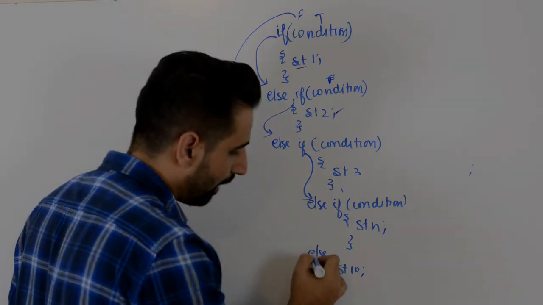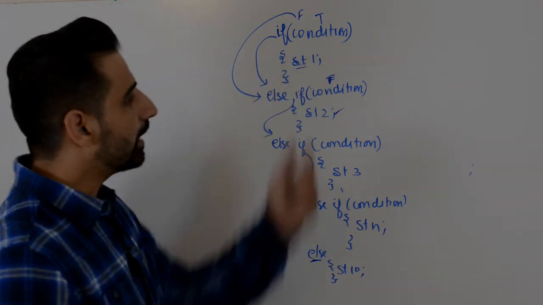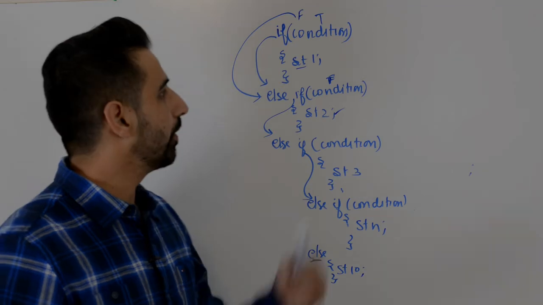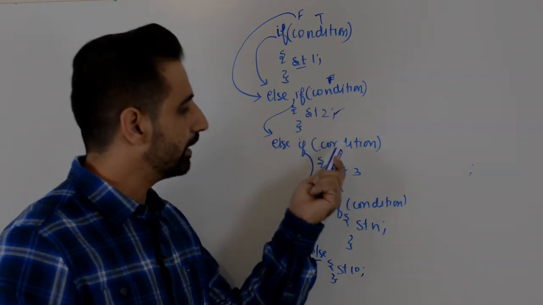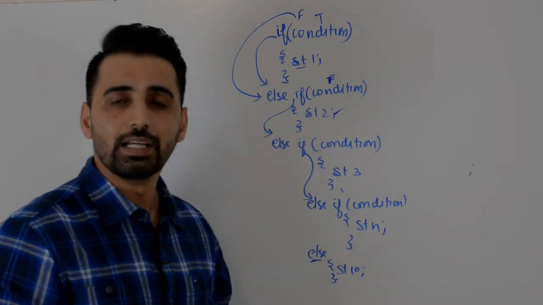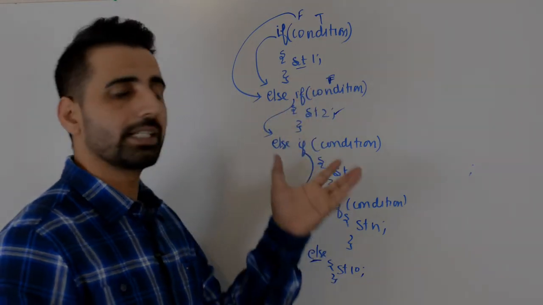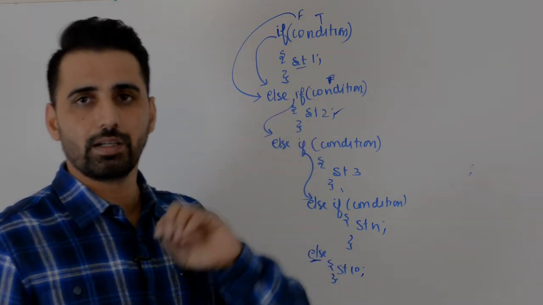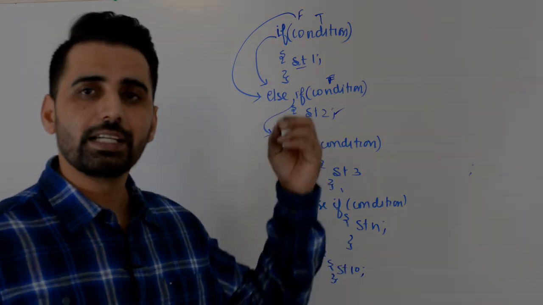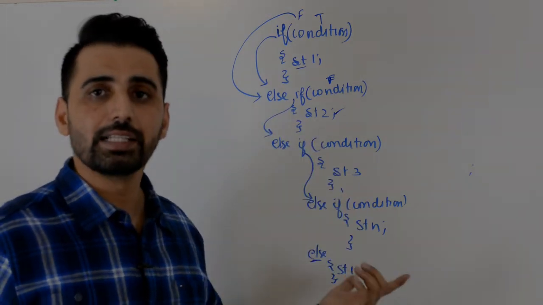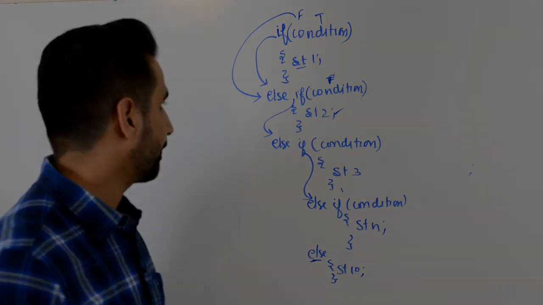And last we have this else. If none of the conditions are true, condition 1 is false, this condition is false, this condition is false, then the last one, else, will run. Means one of the statements has to run. In any program, if all the conditions are false, then the else part will always run.